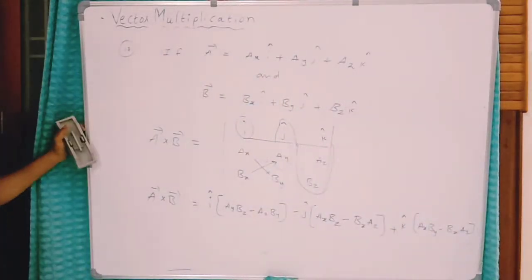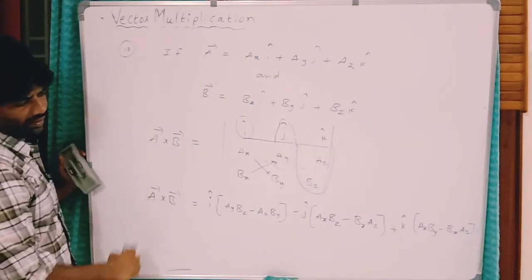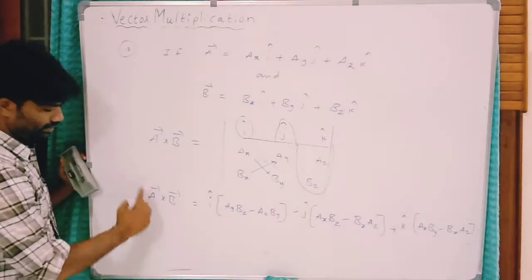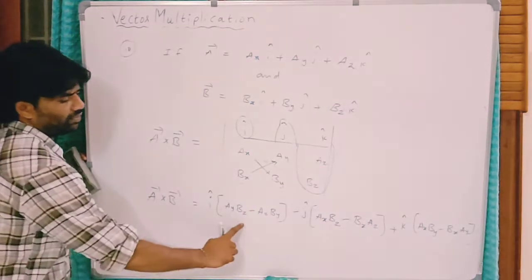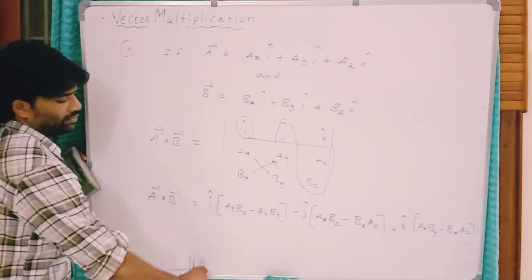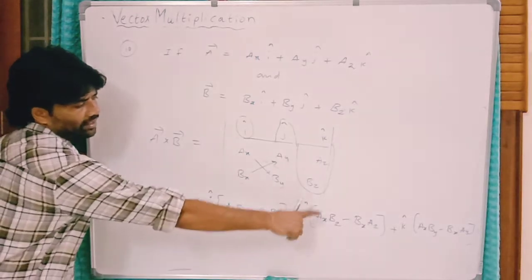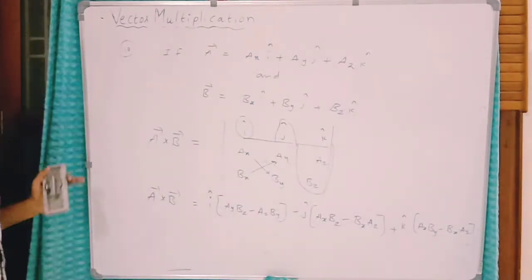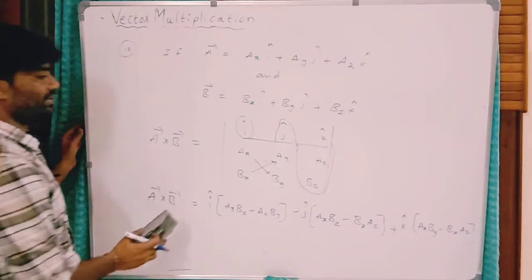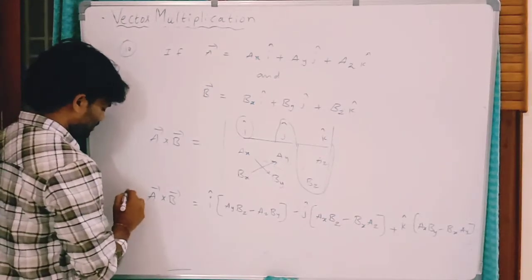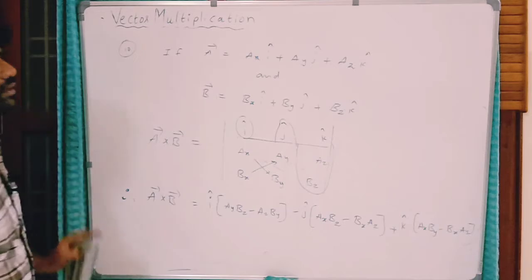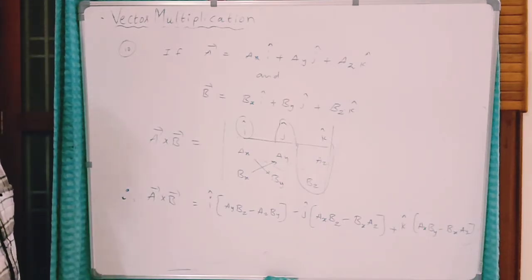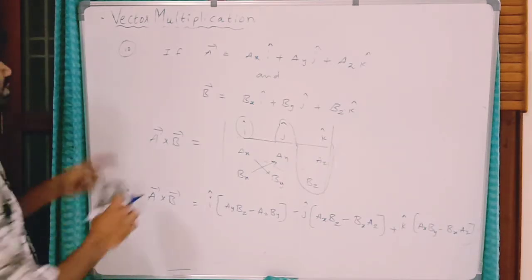So this is a cross b. In the end you can also find its magnitude: mod of this is the square root of the square of this plus the square of that plus the square of that. Right? This is the important method. So remember this. Clear? These are the properties of cross product.